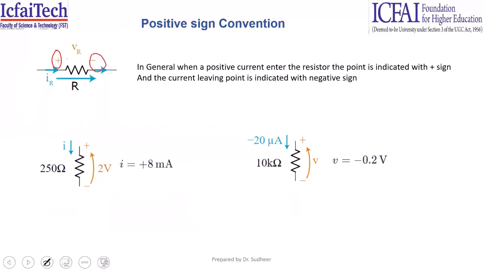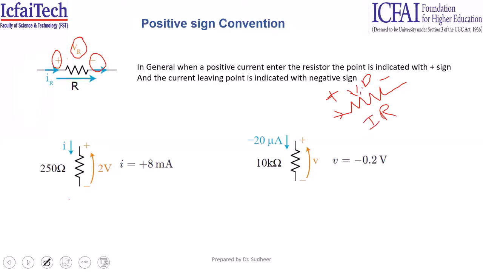This is called the positive sign convention, and the voltage drop across the resistance is represented by VR. So whenever current flows through a particular resistance, the entering point is denoted by a plus sign and the leaving point by a minus sign, and a particular voltage will be dropped across the resistance. That voltage drop is given by I into R.